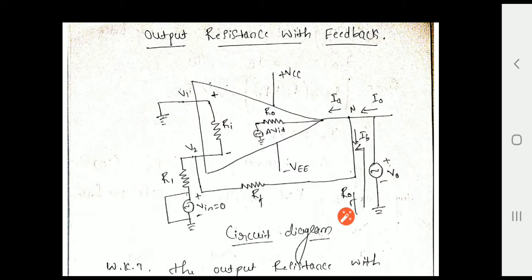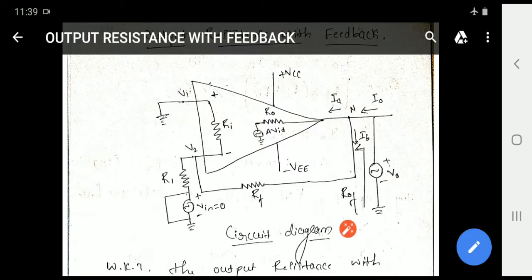Okay. And the second thing, the resistance R0 of an op amp is very small, which is measured in ohms. So comparing this resistance with the remaining resistors, that is RF following the path R1 following the path RI.